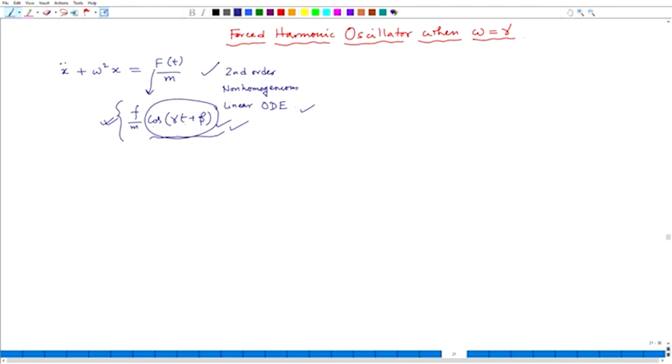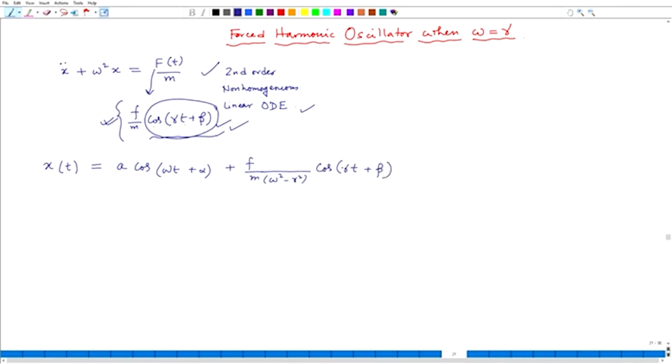And we said that you can show that the total solution, which is the combination of the complementary function, that is the solution of the homogeneous part, and the particular integral, will be given by a cos omega t plus alpha plus f by m over omega square minus gamma square times cos gamma t plus beta.